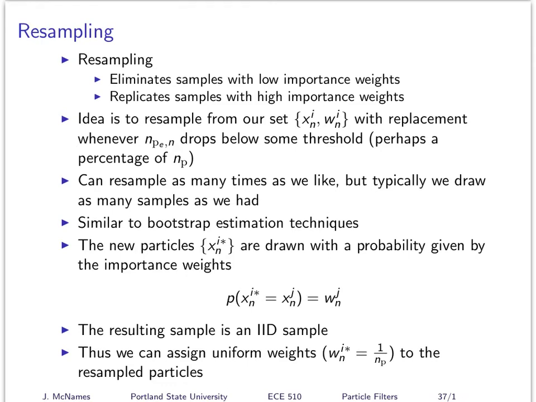And clearly there's the problem we saw: we're starting off trying to work with 500 particles, but if we set a threshold of 50, that means there are some time samples where we're really only getting 50 even though we're paying for 500. So do you want to set the threshold really low, or higher? I don't know that there's a lot of guidance in the literature on how to do that.